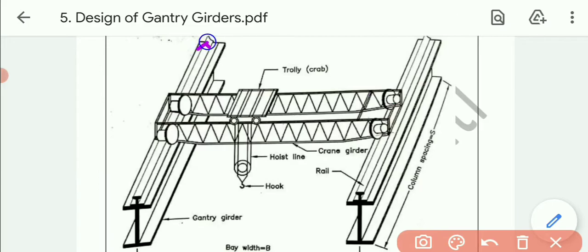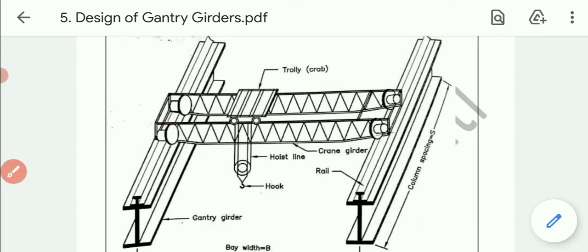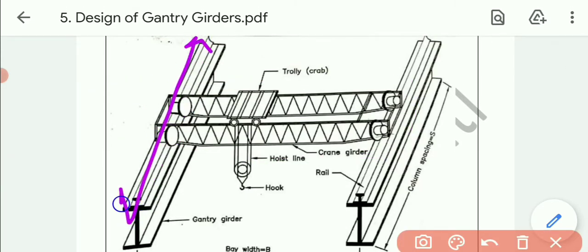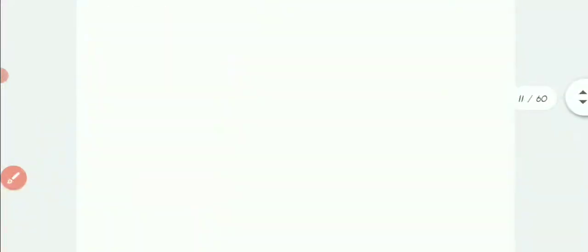Now drawing this gantry girder as a beam, there are two loads acting, this wheel load and this wheel load. We need to arrange this crane girder over the gantry girder in such a way that the maximum bending moment occurs below this point load, or below this wheel. So let me draw the beam of the gantry girder, and two loads will be acting like this. So we are going into step number 2.